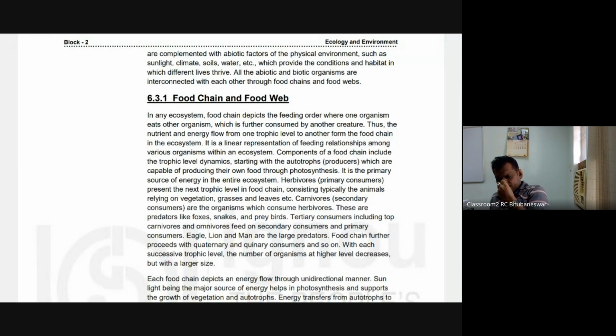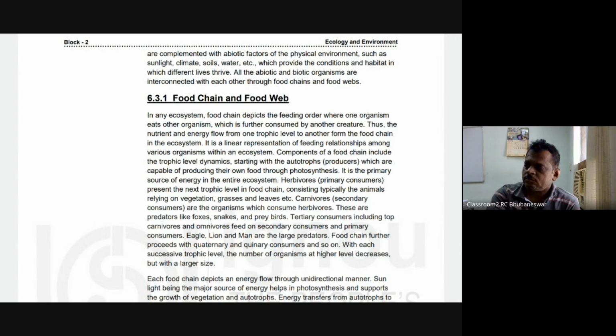Take the example of a terrestrial ecosystem where grass is eaten by grasshoppers, grasshoppers are eaten by birds, birds are eaten by, let's say, snakes, and snakes are eaten by an eagle. Then when the eagle dies, the decomposers do their activity. So this is a simple food chain, and it is very systematic in nature.